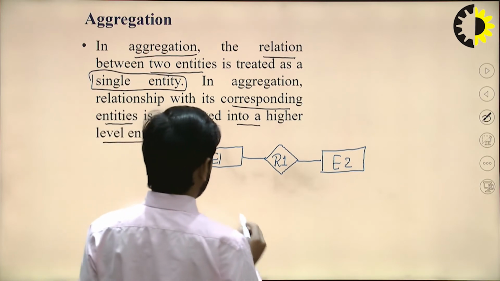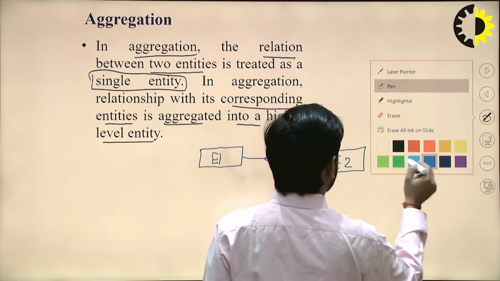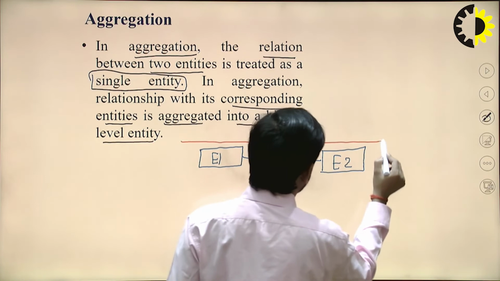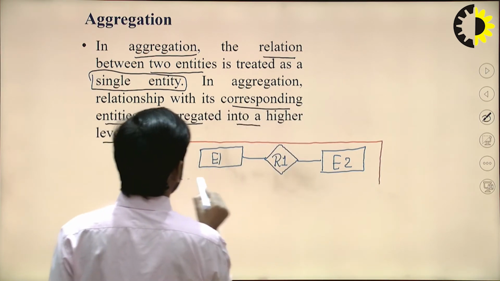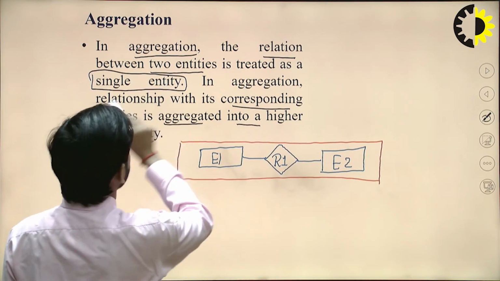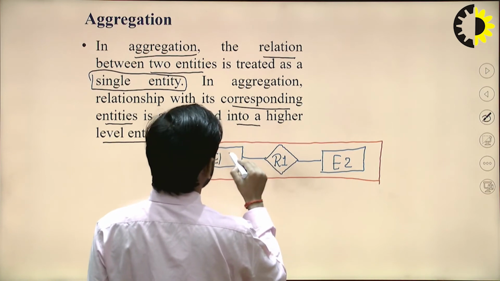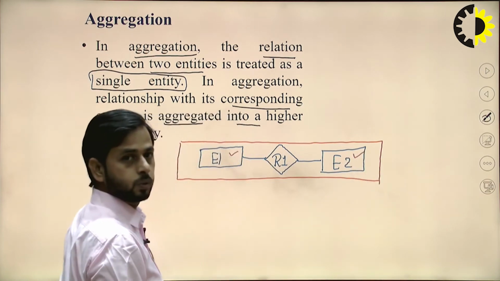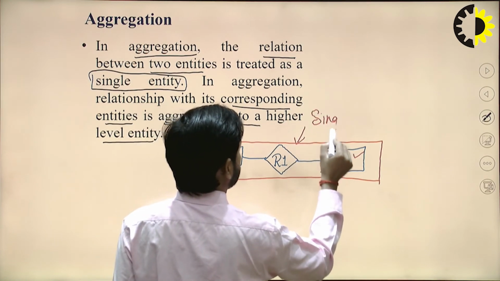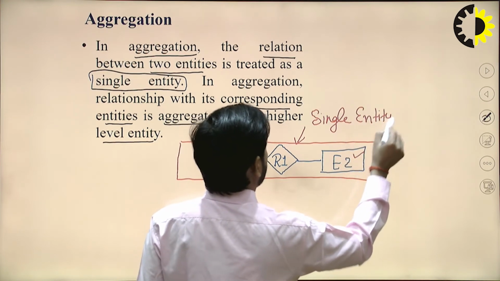These entities are related such that they can be aggregated. So these two entities are combined and treated as one single entity.